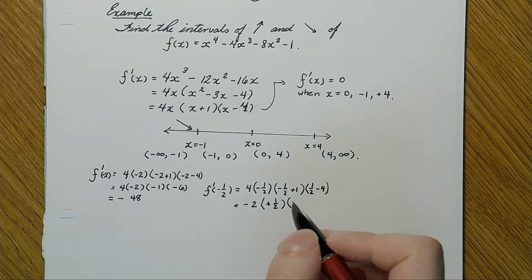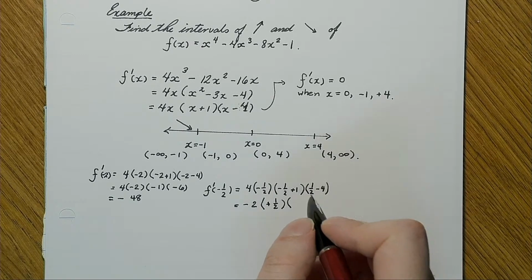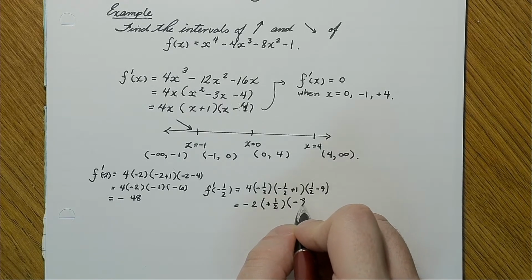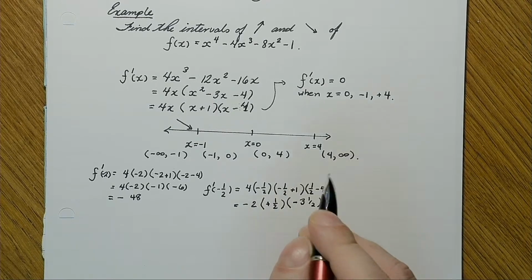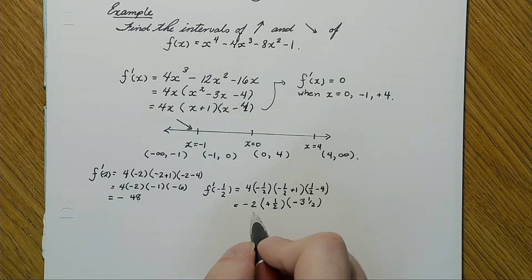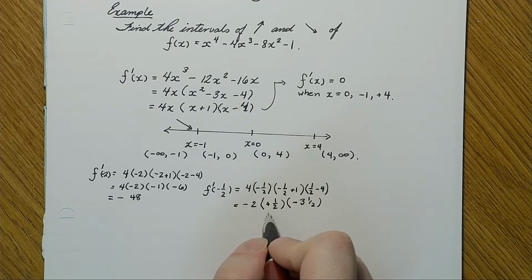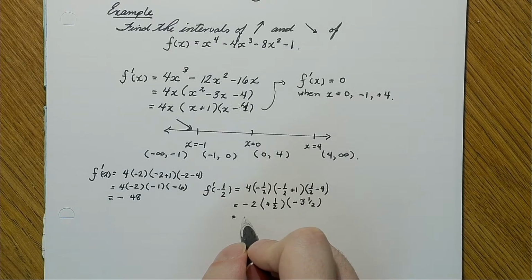Okay, sorry, I was trying not to cough into the microphone, so I get 3 halves. I also have 2 times a half, that gives me minus 1.